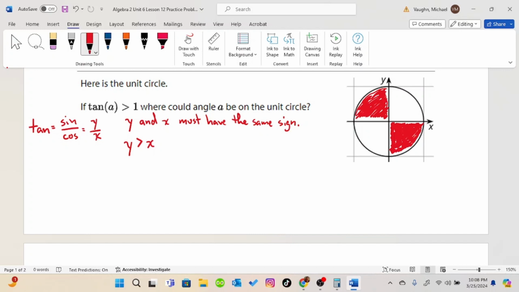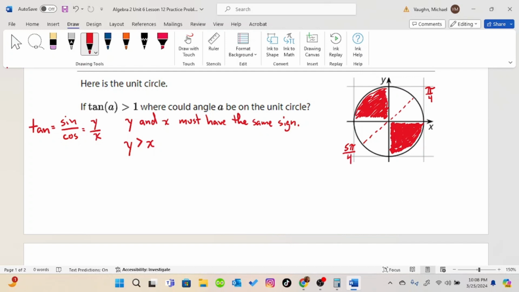So the halfway point on each of these would be at pi over 4 and at 5 pi over 4.